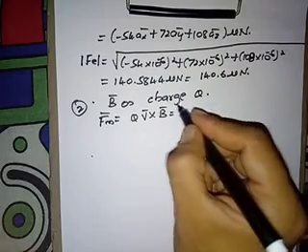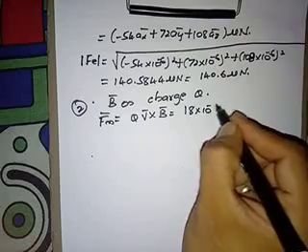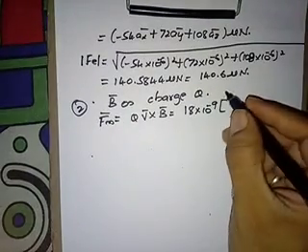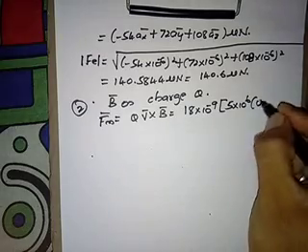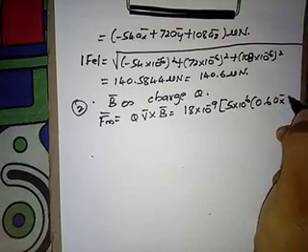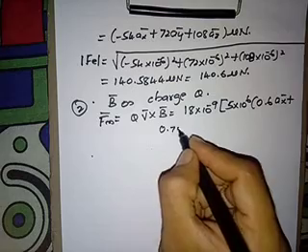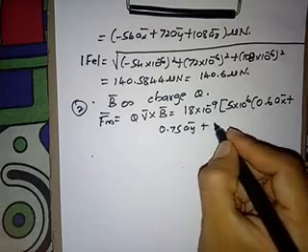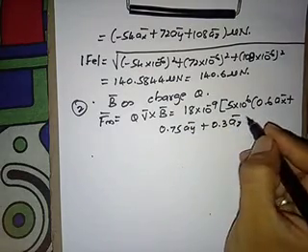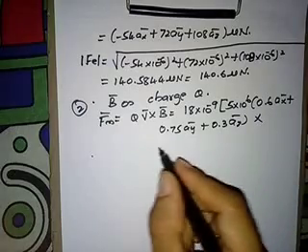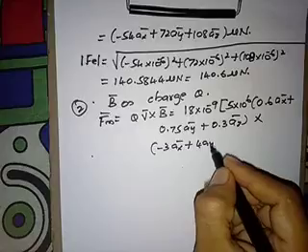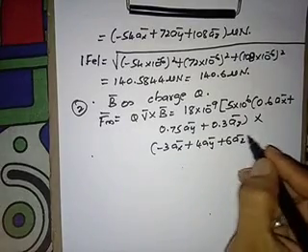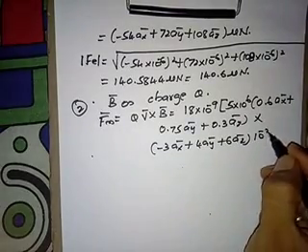So Q is 18 into 10 raised to minus 9, into V bar, which is 5 into 10 raised to 6 into 0.6 aX bar plus 0.75 aY bar plus 0.3 aZ bar, cross minus 3 aX bar plus 4 aY bar plus 6 aZ bar, into 10 raised to minus 3.